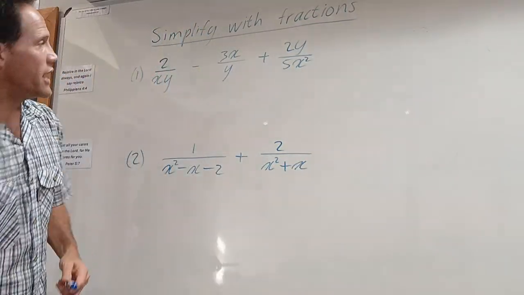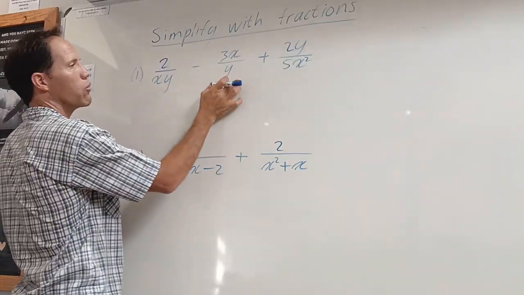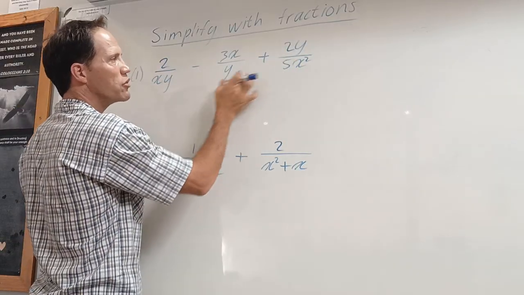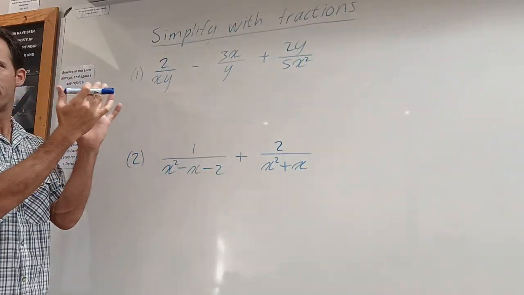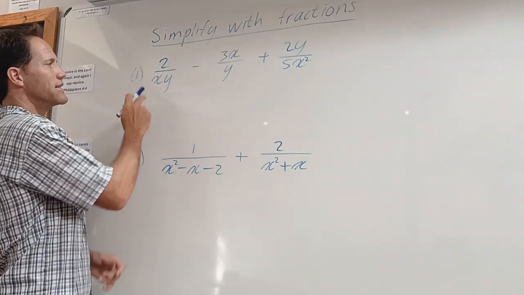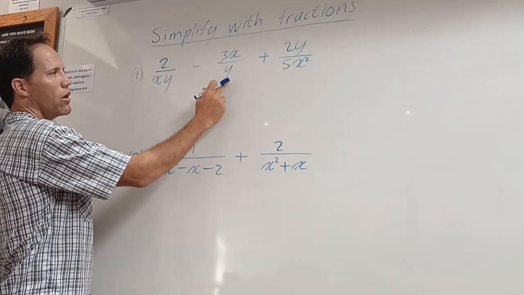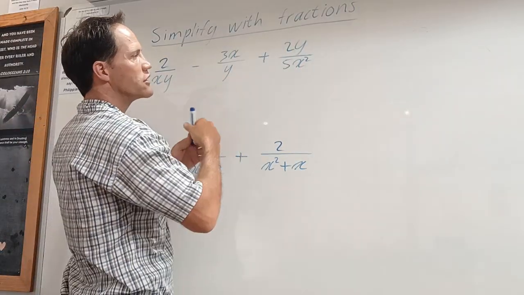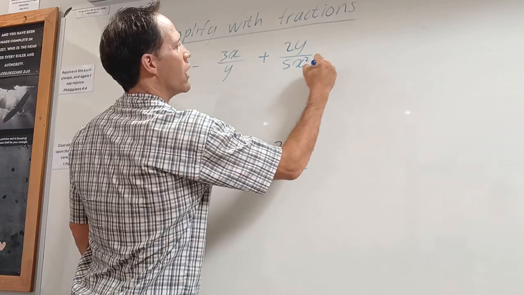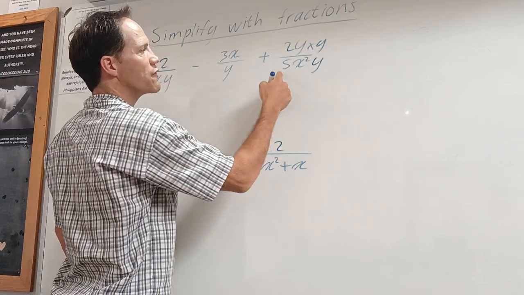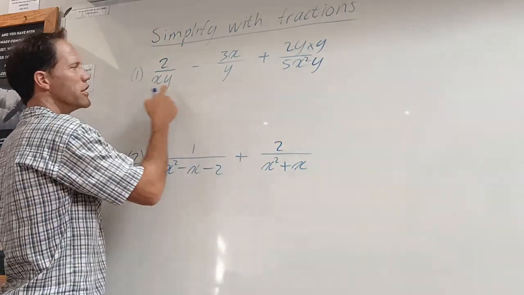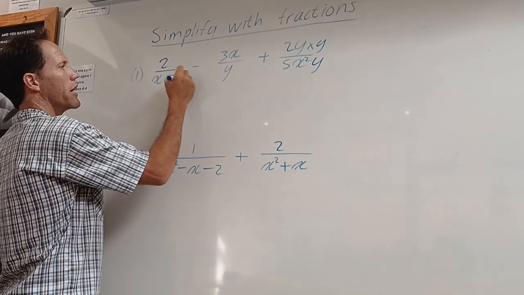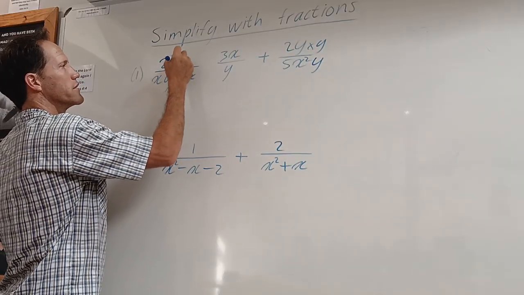We now have an xy, a y and a 5x squared. We have to make them the same before we can make it one. So this one has an xy, this one has a y, this one is 5x squared. We're going to multiply this one by y. Now it's 5x squared y. This one is xy, so we're going to multiply it by 5x, both sides.